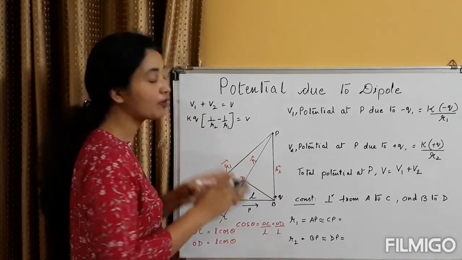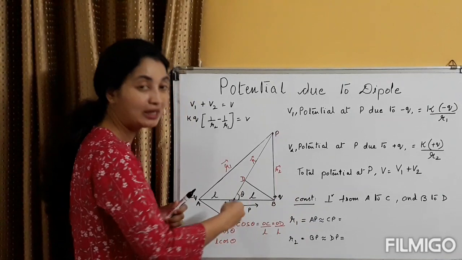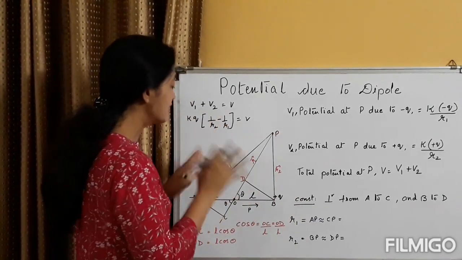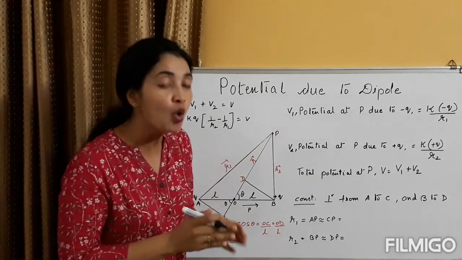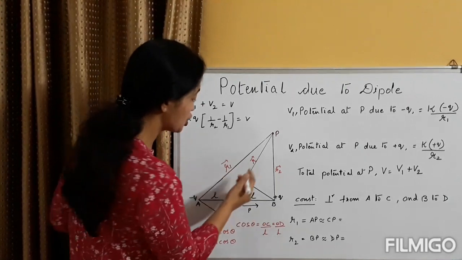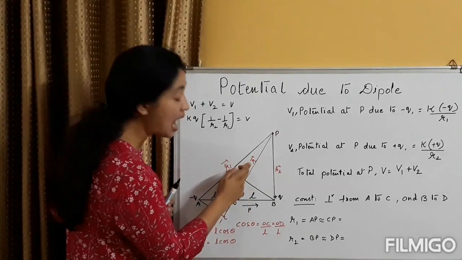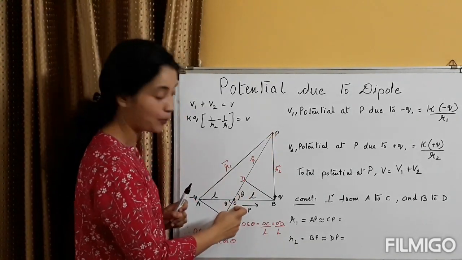But now we are doing a little construction work, putting in little extensions, just to express R1 and R2 in terms of R, the position vector, because in most cases it is R that we know, that is, the distance of the observation point from the center of the dipole.